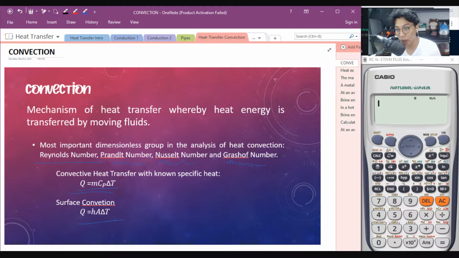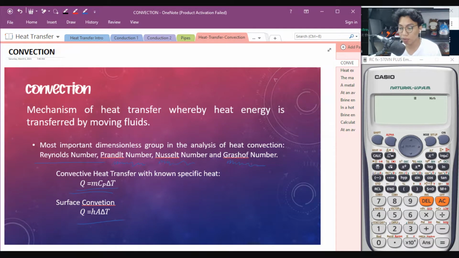Parehong 4.18. Now, pwede ka ring magkaroon ng phase change, water into ice, ice into water. Kailangan alam mo din yung heat of fusion at heat of vaporization ng water.